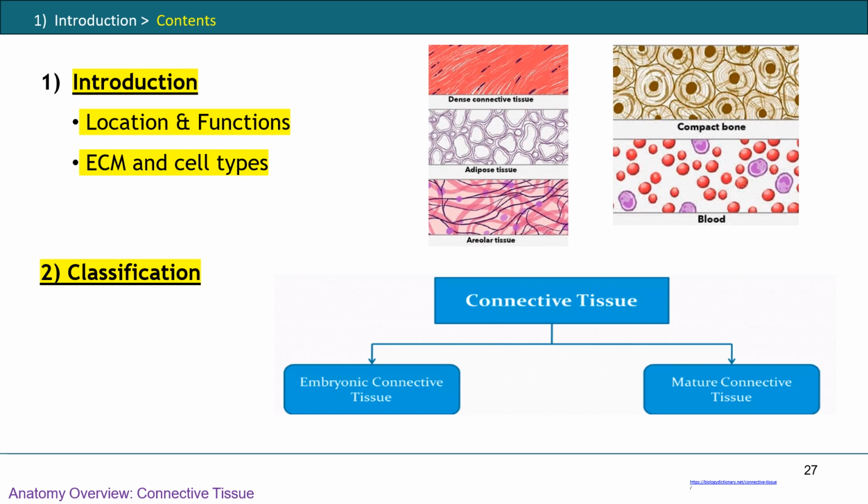This was a very long class, and we talked about the location and function of different types of connective tissues. We talked about tissues that maybe you have never heard of, like the areolar connective tissue, and tissues that you have never heard of but you have heard of, for example, you never hear about the dense regular or irregular connective tissue, but I'm sure that you have heard about ligaments and tendons.